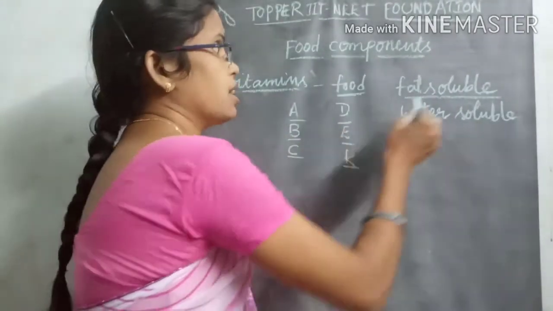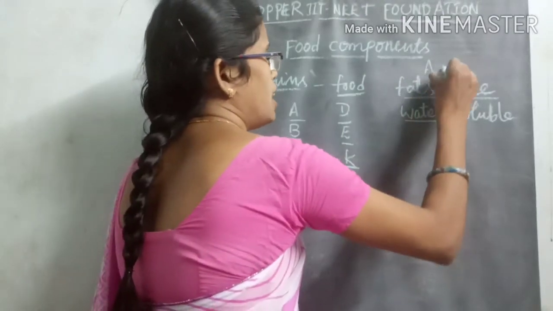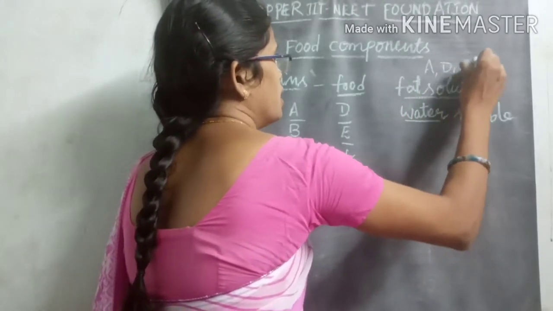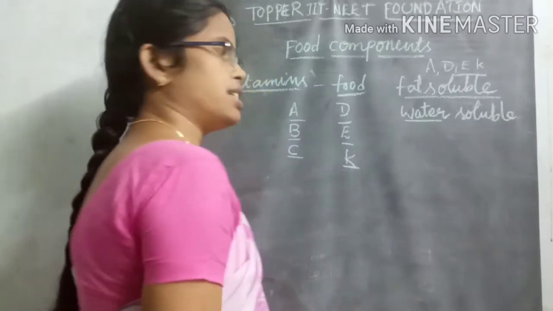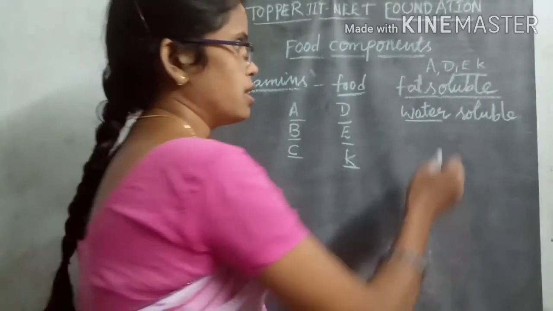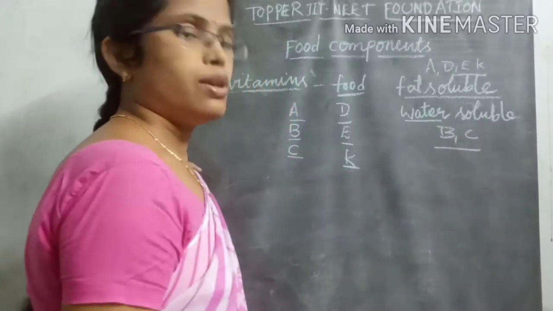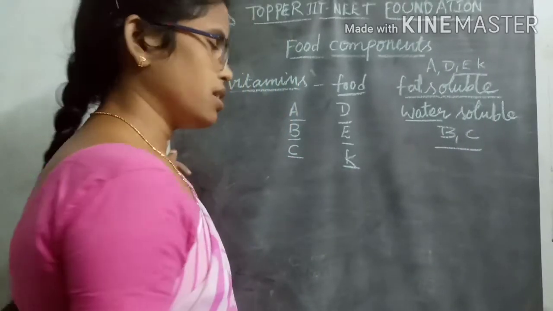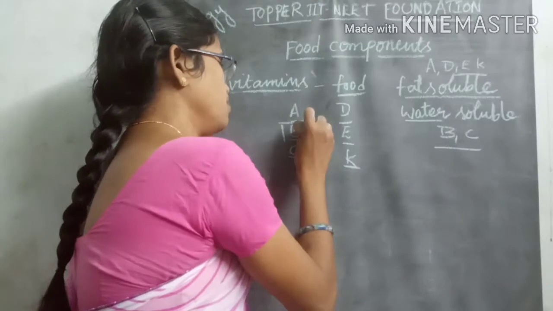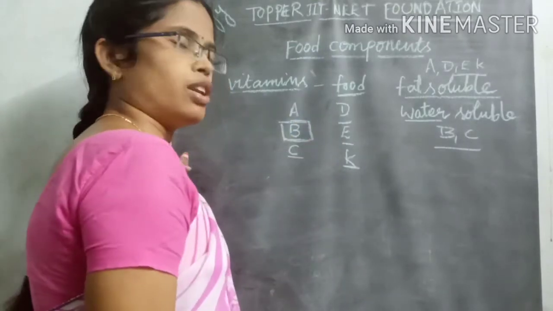So here vitamins A, D, E, K are considered fat soluble vitamins, and B, C vitamins are considered water soluble vitamins.